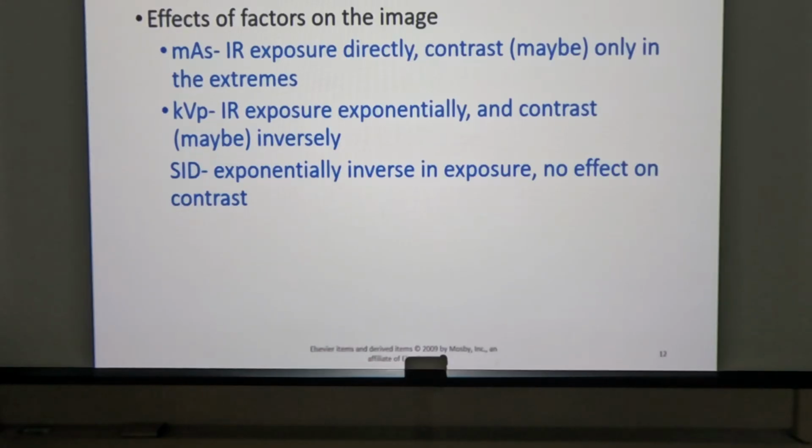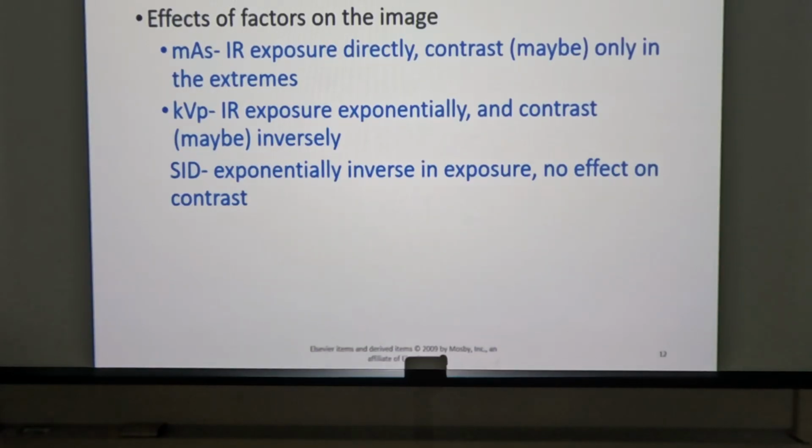So then the effects of the factors on the image. mAs was a direct relationship in every way. Double your mAs, you double your exposure. Half your mAs, half your exposure. kVp is also directly related, but it's exponential.